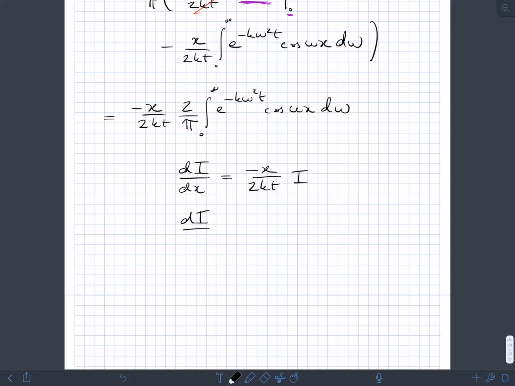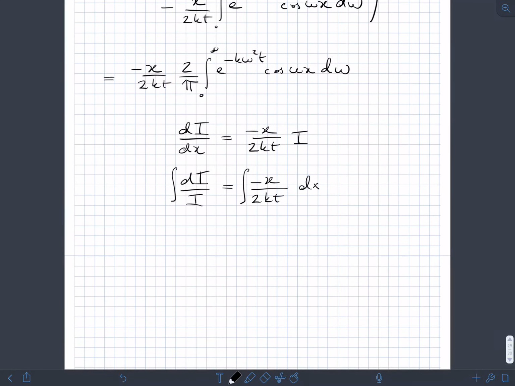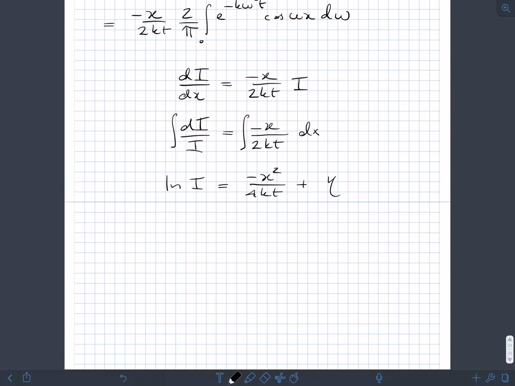So here we just bring all the I's on one side and so on, minus x over 2kt dx. I'm going to be integrating both those sides. I'm going to get negative x squared over 4kt plus some constant, and I'm going to get the logarithm of I. I want to undo that logarithm.